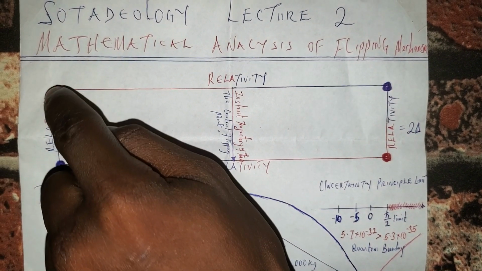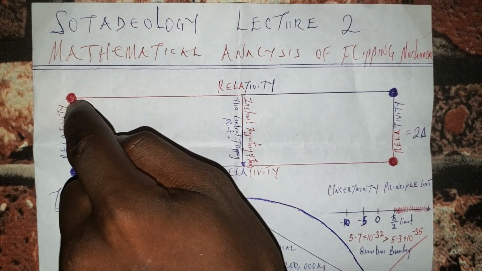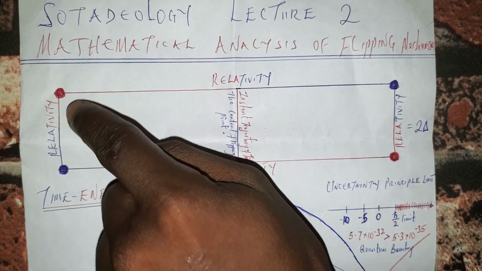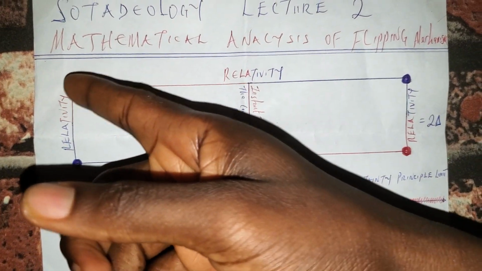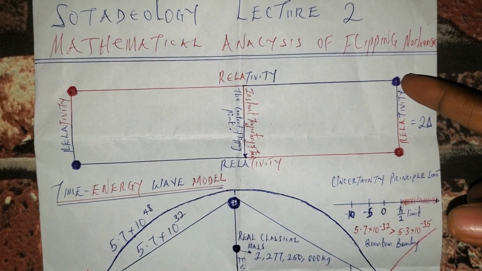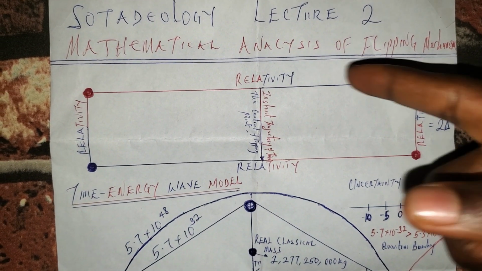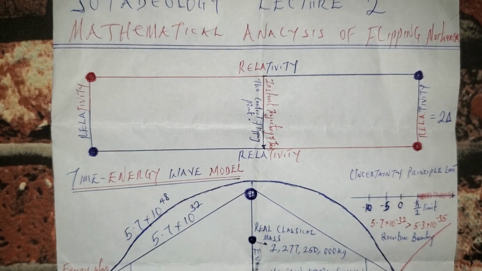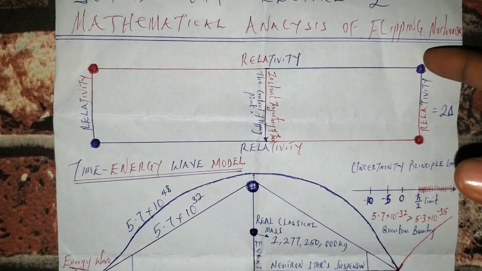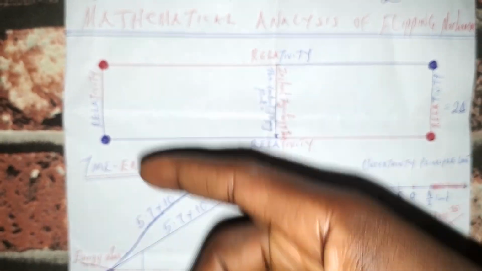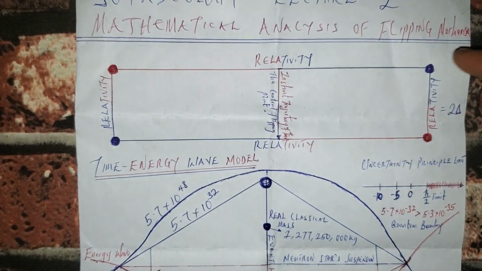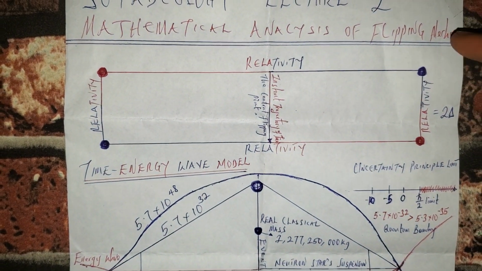Now this point, if it is a singularity, we will not be able to identify it, let alone label it, if there is no other point to which it is related. By having the other point, we can name this the Big Bang singularity, while this will be the black hole singularity.